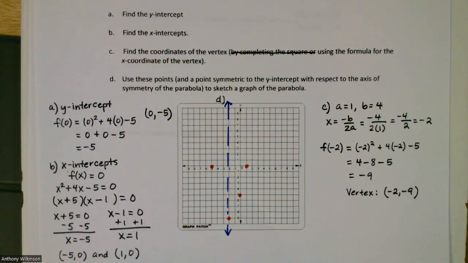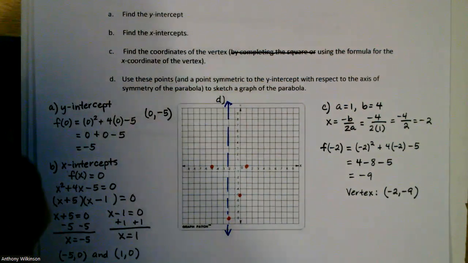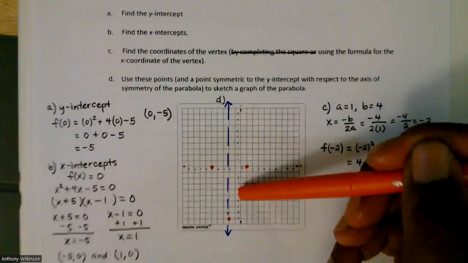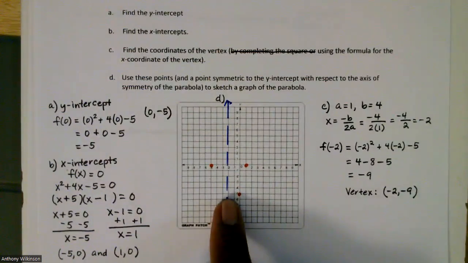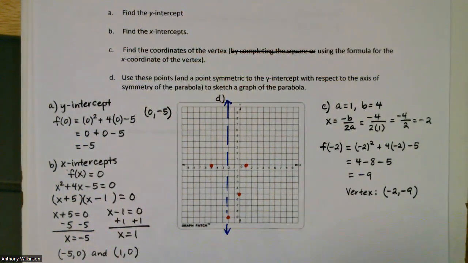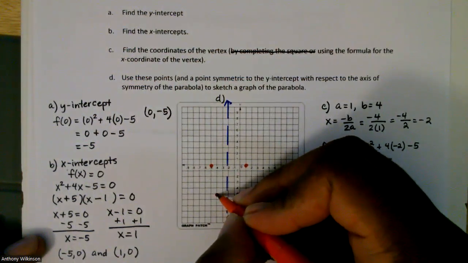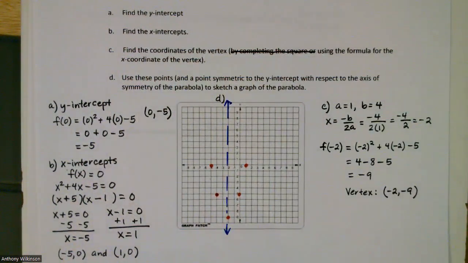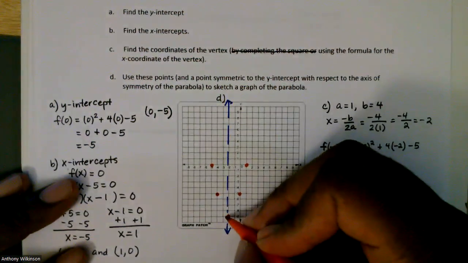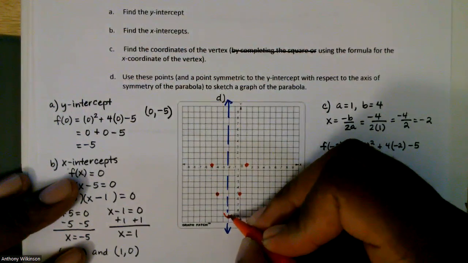Now, let's look at the distance from this y-intercept to the axis of symmetry. This distance is 2 places to the right. So a point on the left side of the axis of symmetry would have to be 2 places to the left. So here's that point right there with the same y coordinates. So these are the points that I need to draw the graph of this parabola.